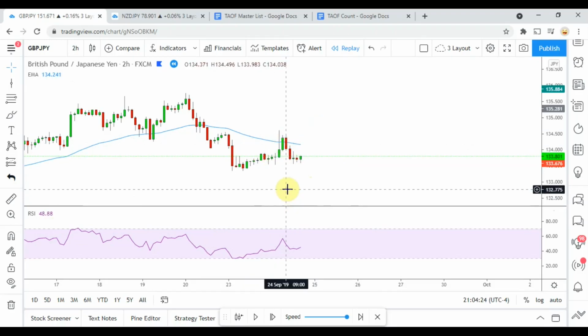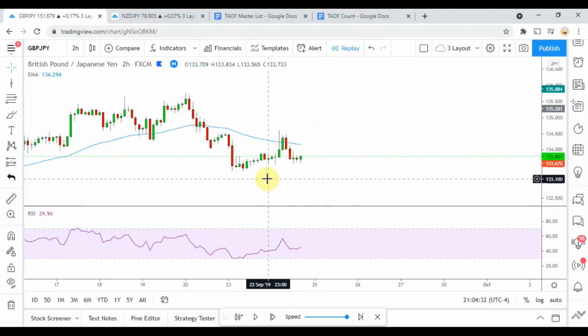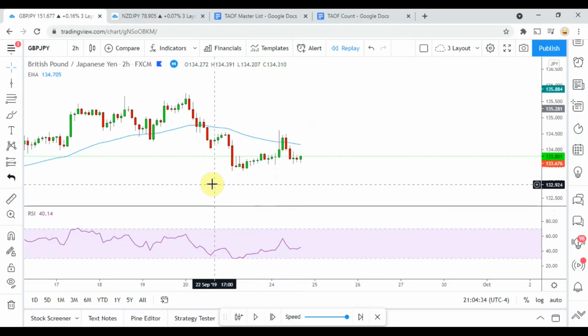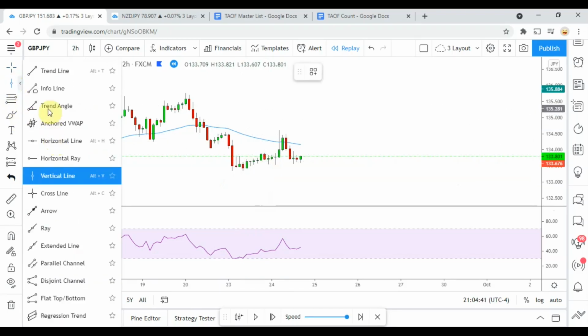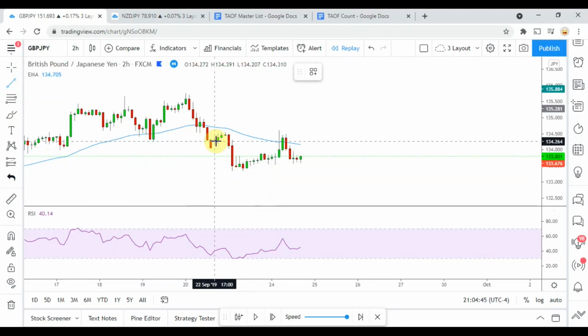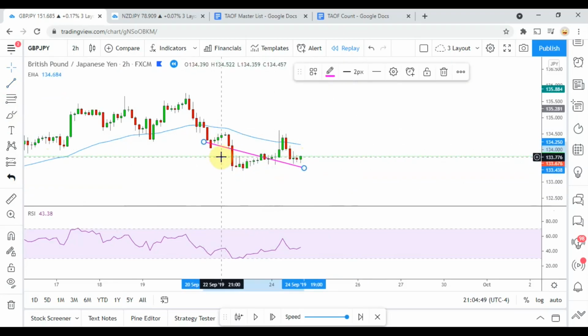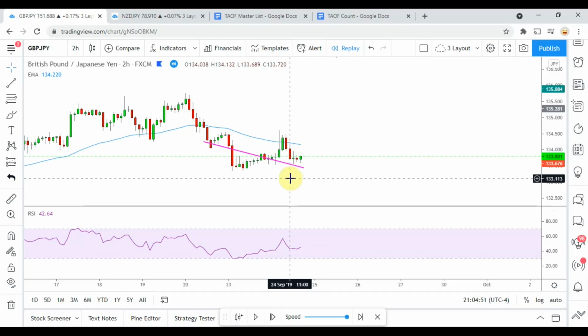Now, the next thing that we are looking for is hidden divergence on the RSI. And so in this particular case, we are looking for a hidden bearish divergence. And so let's see here. If we take a trend line from this point to this point, we have a trend downward there.